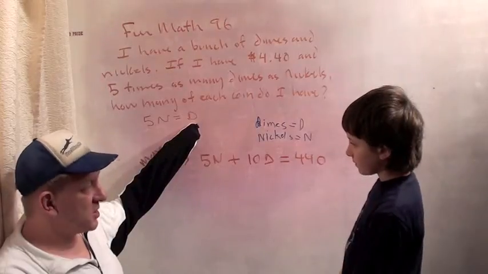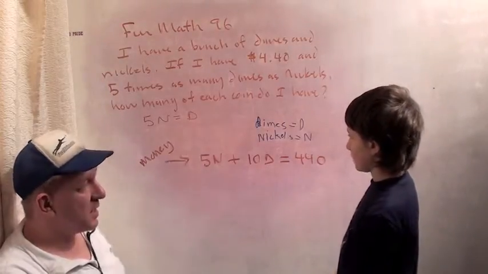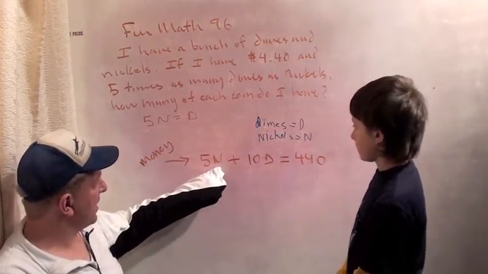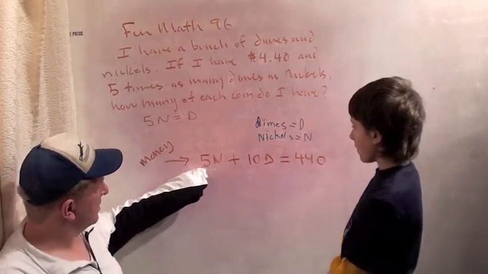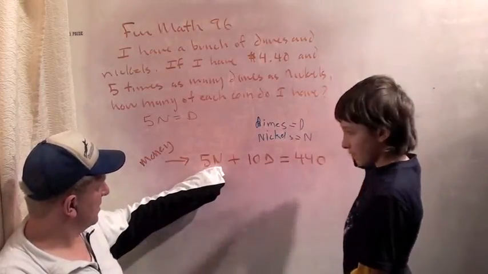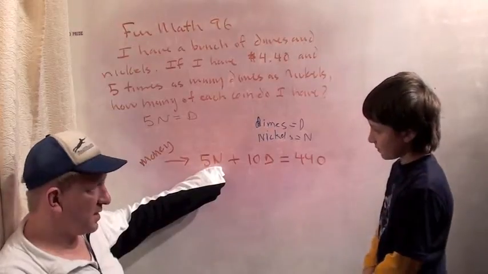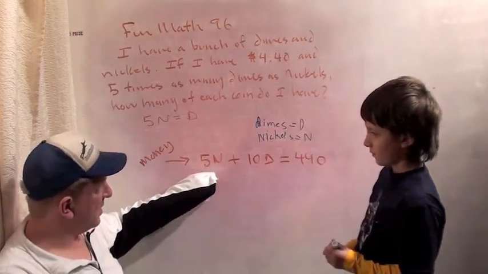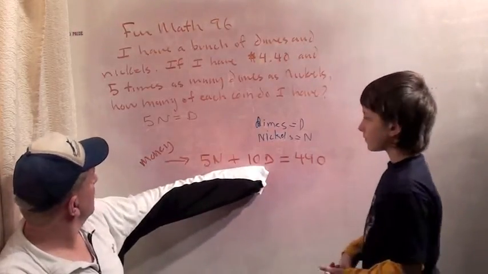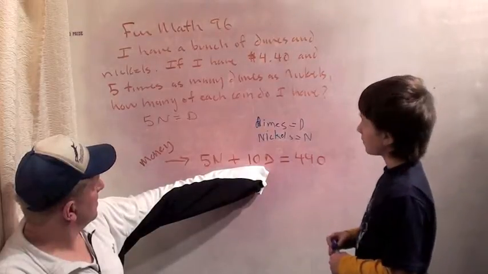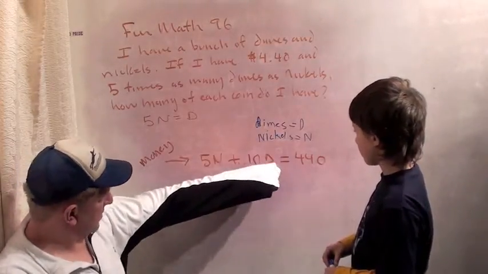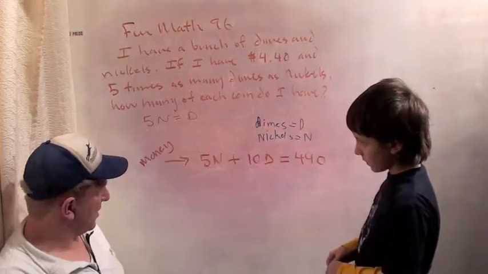And now the equation for the amount of money you have. Well, I have 5N. It means that's the number of cents for the nickels, because each nickel is worth 5 cents, and 10D is the dimes. Plus 10D is 440.